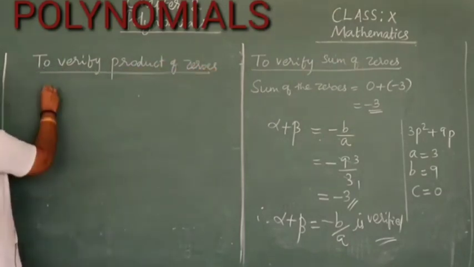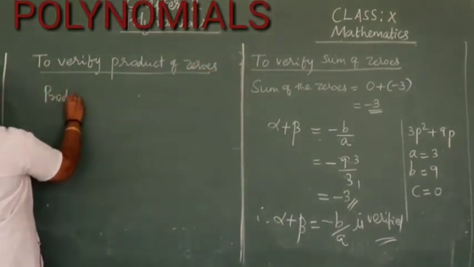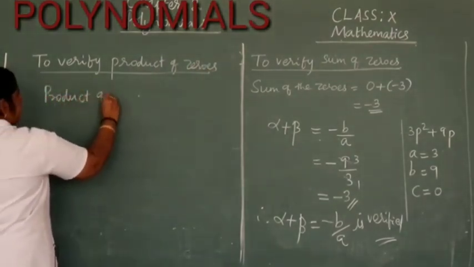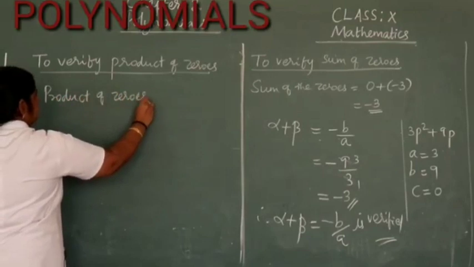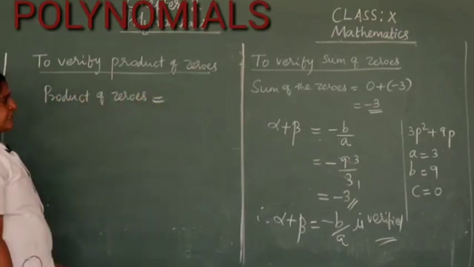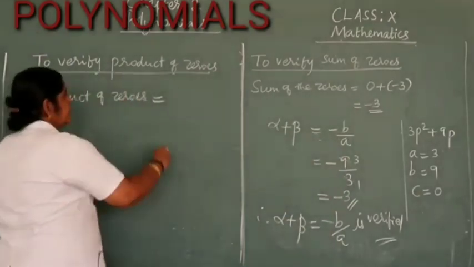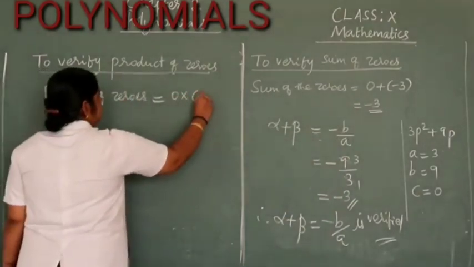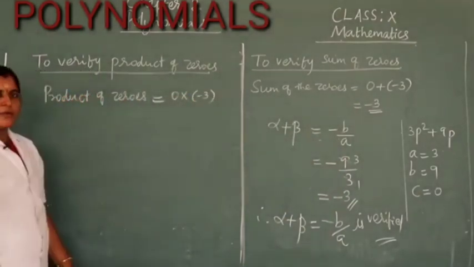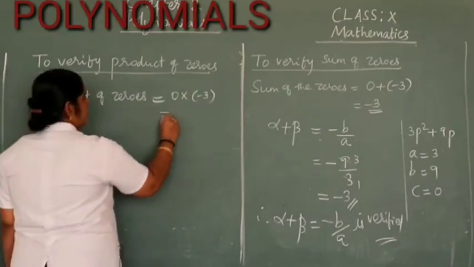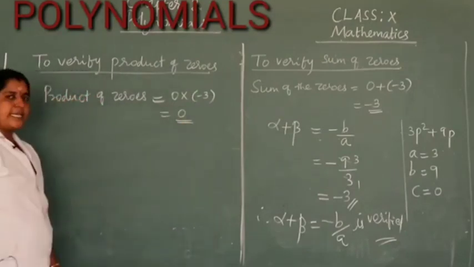What is the product of the two zeros? Product of zeros equal to, our first zero is 0 and the second one is minus 3. So 0 into minus 3. 0 into any number, you know it is equal to 0. So product also you got 0 here.